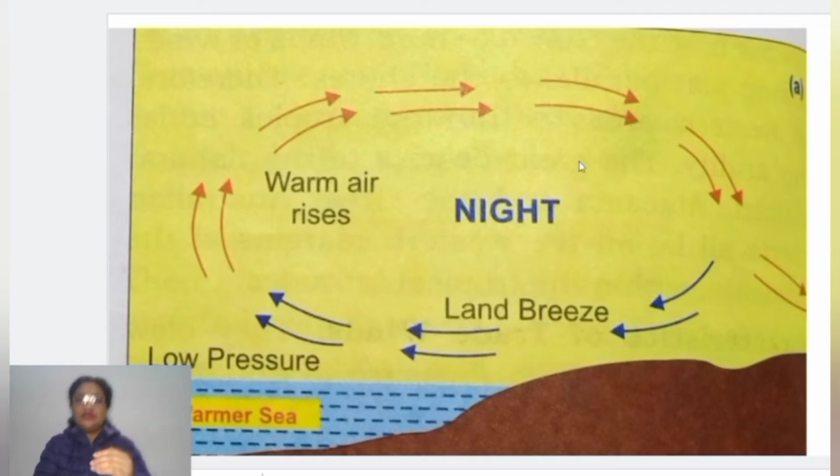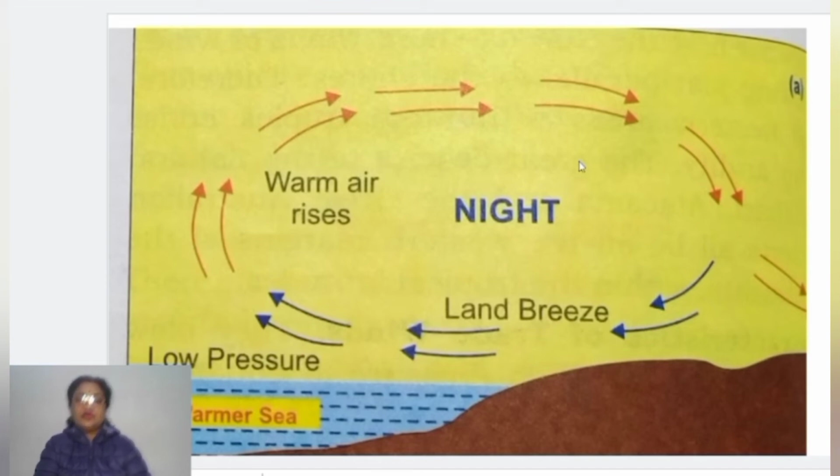So here we are talking of a wind which blows in one direction during one particular period of time, and in the other period of time it changes its direction. And it goes on like that always. This is called periodic wind. Take the example of land breeze and sea breeze, or the monsoons. Monsoons are the summer and winter monsoons, and they blow during particular seasons.